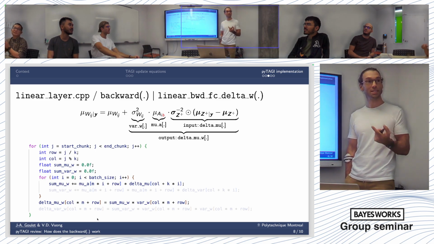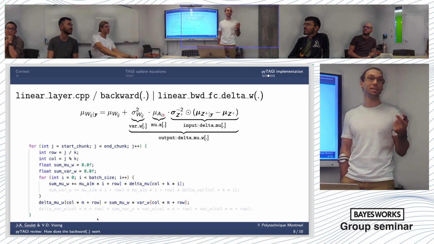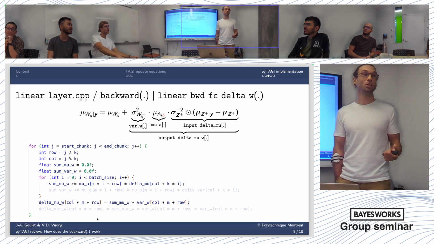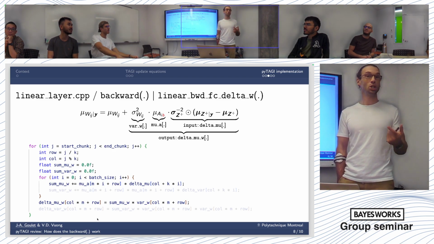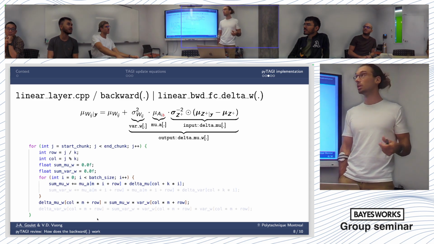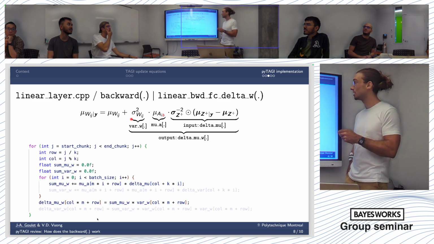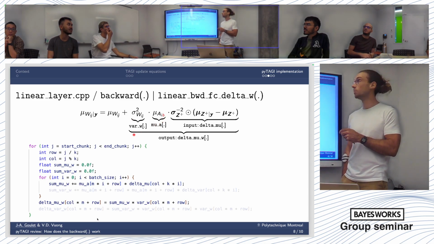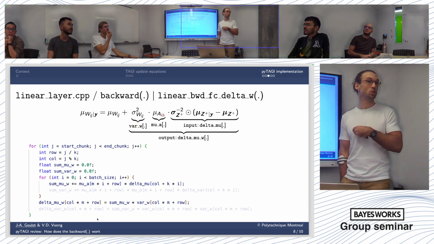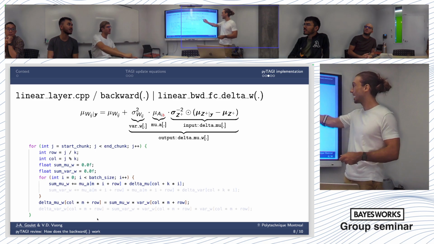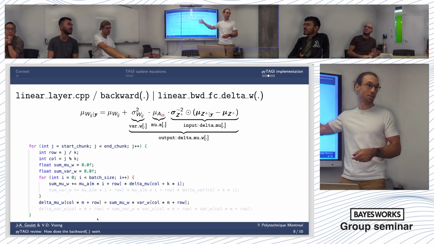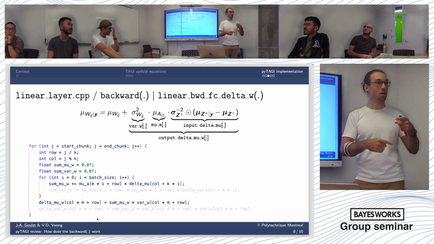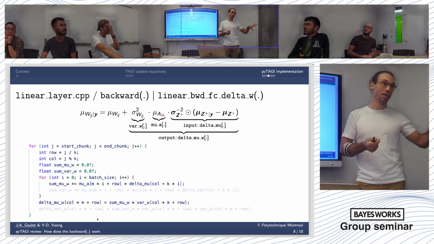But once you look at ResNet, you realize that doing nothing is the right way to do it. It looks like there's no update equation, but that's because the covariance here involves nothing but this. So basically it disappears, and you can just skip the update connection and directly pass along the delta mu and delta var. Okay, except that there's a Jacobian, but that comes in a later step.